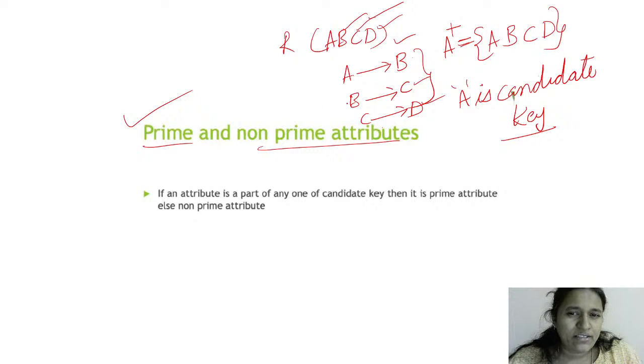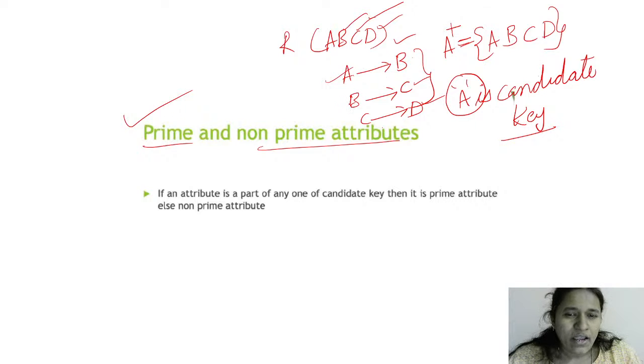We have to check, is there any other choice of candidate keys? How to check? Is A there on the right hand side of any other functional dependency? No. In the first, A is not on the right hand side.